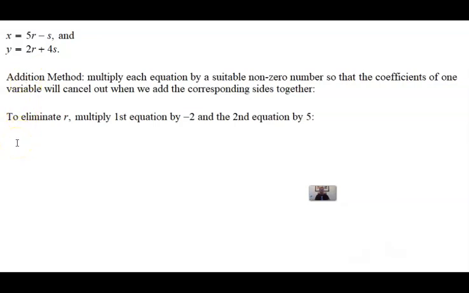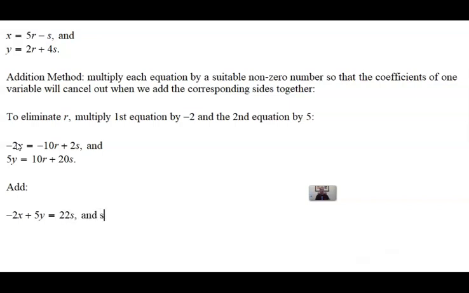So we will get negative 2x equals negative 10r plus 2s, and 5y equals 10r plus 20s. So when we add them together, we get negative 2x plus 5y equals 22s.